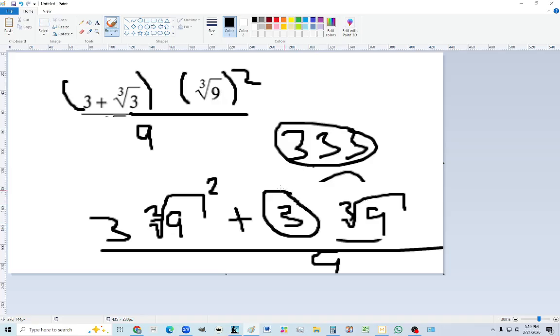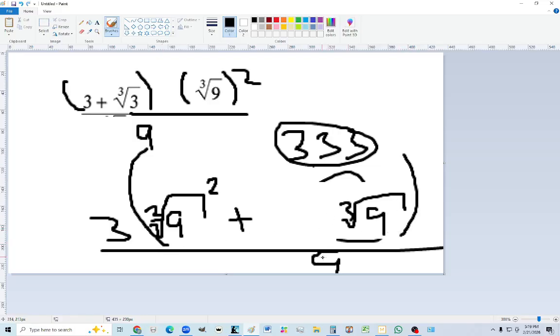Since there's a 3 here and a 3 here, I can factor them out. So when I factor it out, it becomes 3. The 3 now can cancel to this 9. So I get the square cube root of 9 plus. So this becomes 1 here and 3 down here.